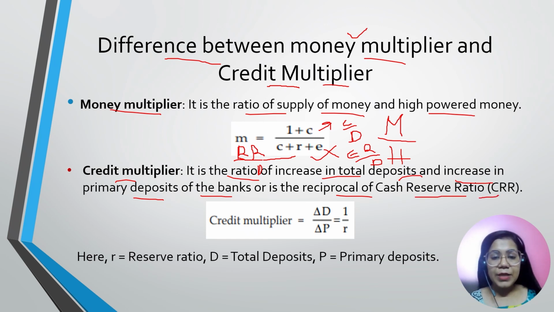So we can write credit multiplier as change in total deposits upon change in primary deposits, which is equal to 1 upon R, which is the cash reserve ratio. So R is the reserve ratio, D is the total deposits, P is the primary deposits, and in this way we can see the difference between the money multiplier and the credit multiplier.